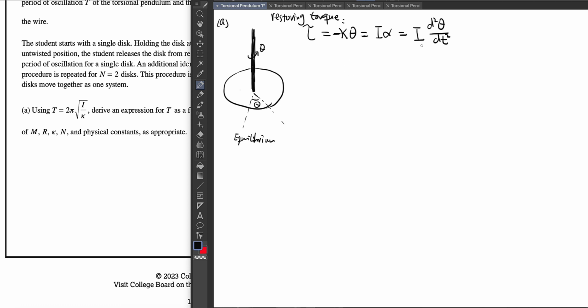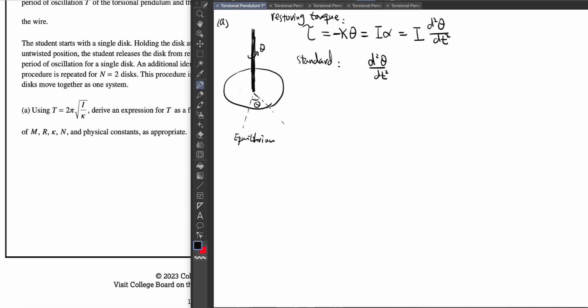Okay, so that gives us the differential equation from Newton's second law for rotation, and we will try to solve this differential equation using the standard form. In that case, we will write this equation as the following.